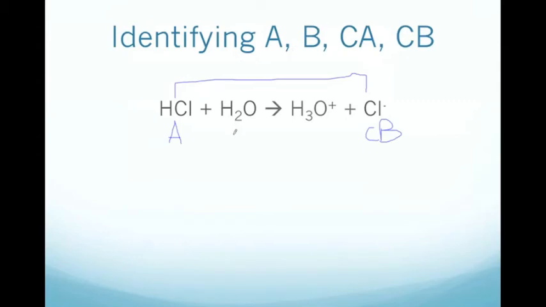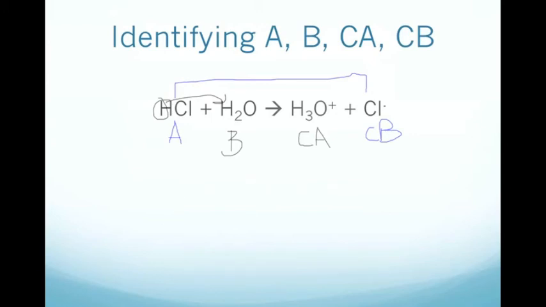Now for our base, water is going to be our base in this situation. Okay, and it's going to be accepting a proton. So it's going to be accepting this proton. Okay, and that means it becomes more positive, and it's going to actually be our conjugate acid. Again, I'm using Ca to represent our conjugate acid.